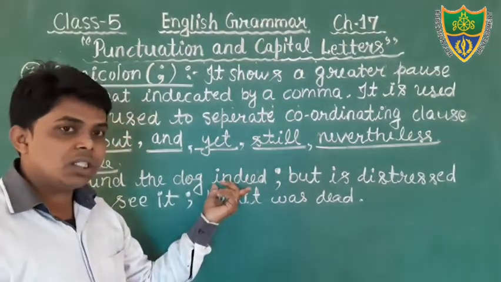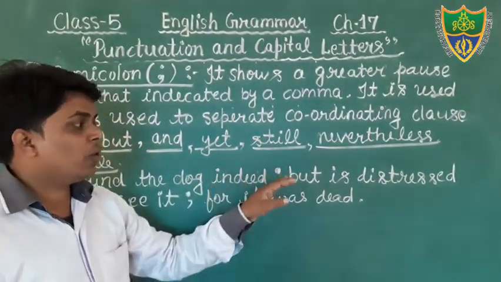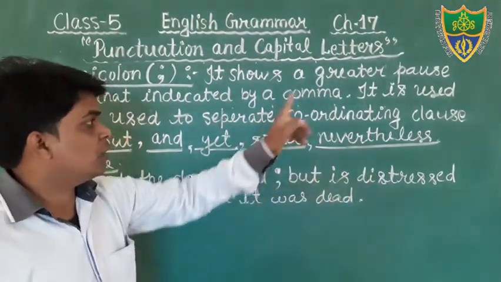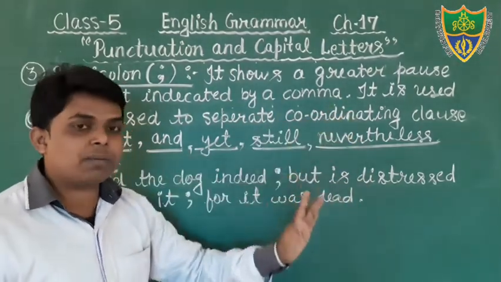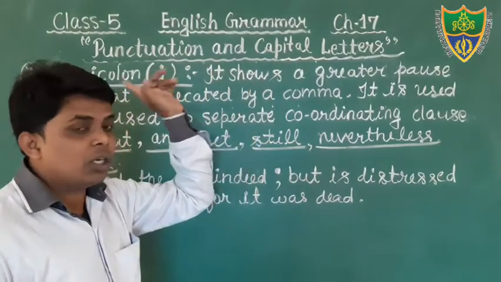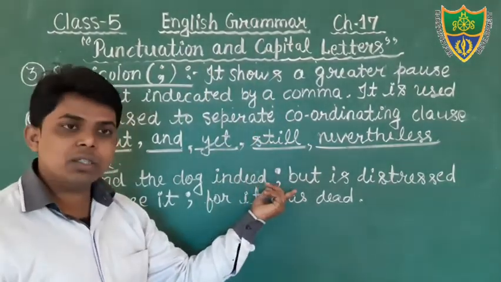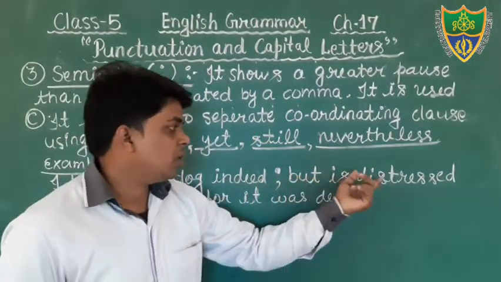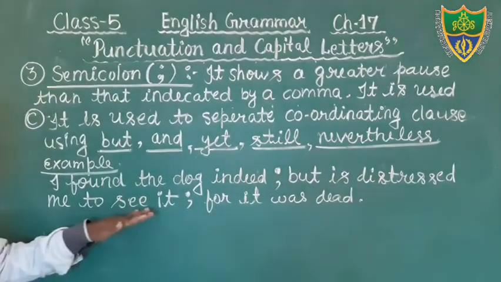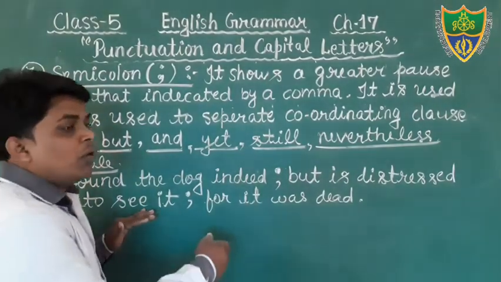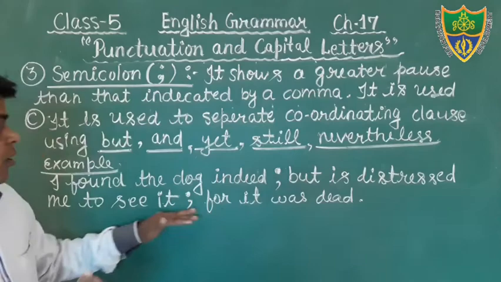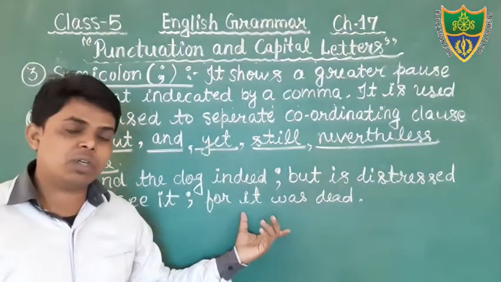There is one sentence, and we are going to refer to another sentence using the coordinating conjunction but, and before that we will use a semicolon. But it distressed me to see it. यानी देखने के बाद उसको क्या हुआ? डिस्ट्रेस हुआ, चिंता हो गया, पर it was dead, वो मर चुका था.